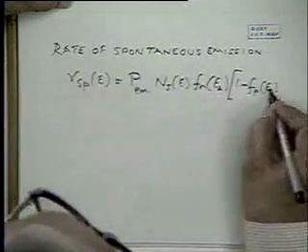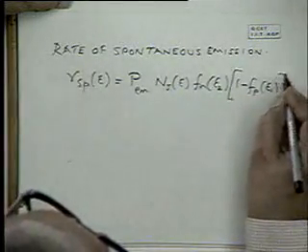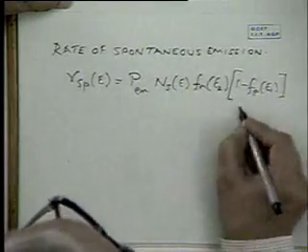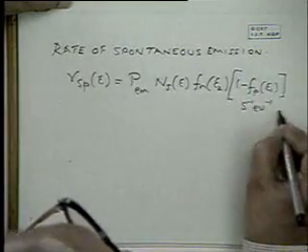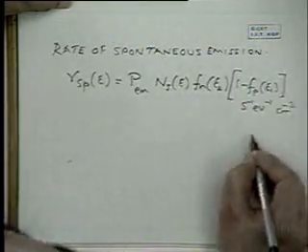We want electrons to be full and holes to be empty. It's per second per electron volt per centimeter cubed.